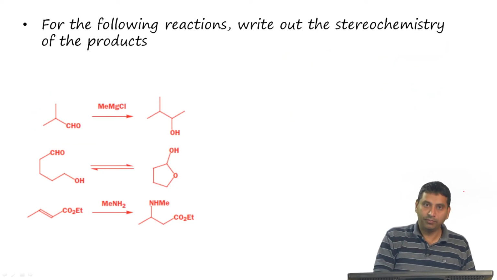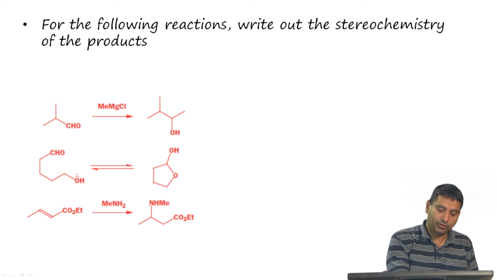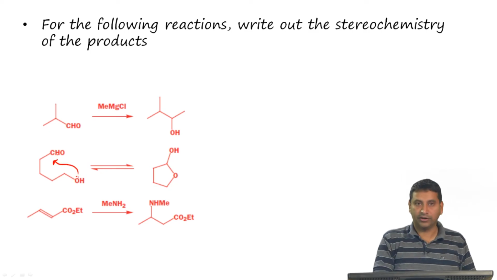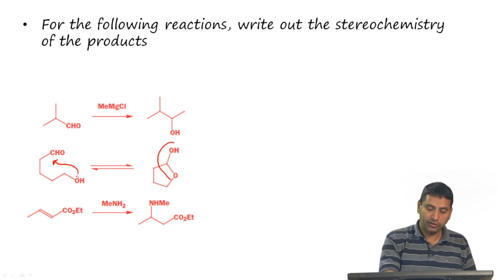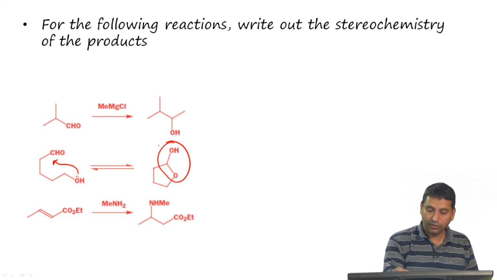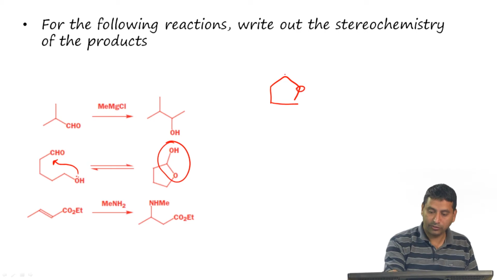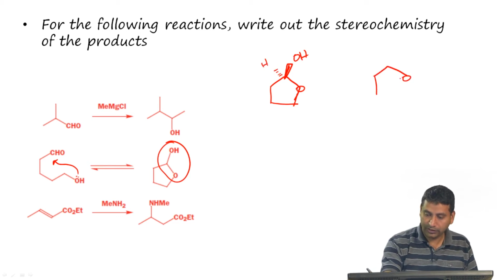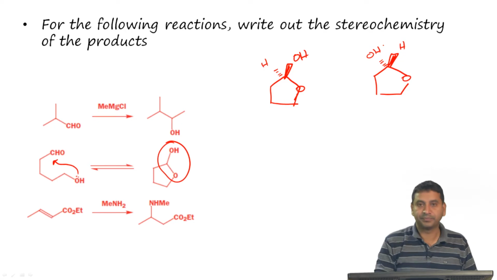Now, to the second problem, where we have the formation of an intramolecular adduct as shown here, which is a hemiacetal. So, now let us draw this structure separately. You have an oxygen and this OH can be up and the hydrogen is going in, or in the other possibility you have the hydrogen going up and OH going in.